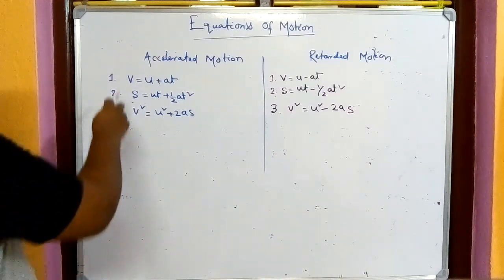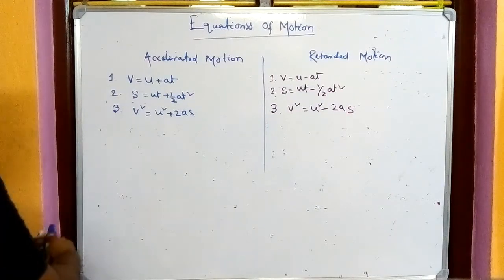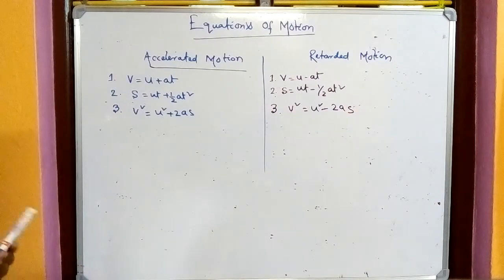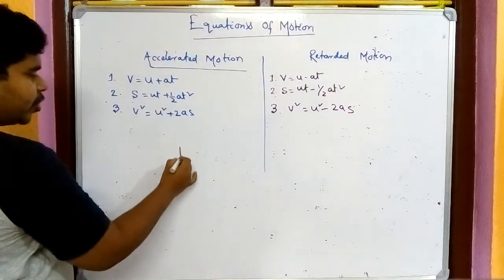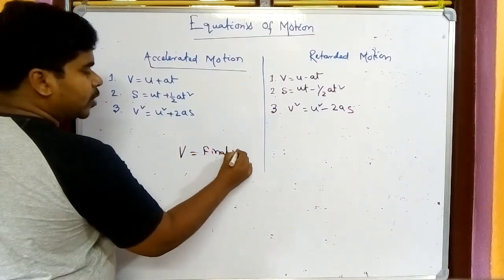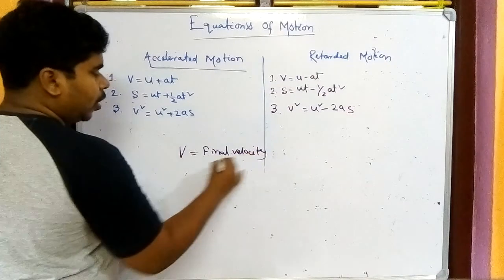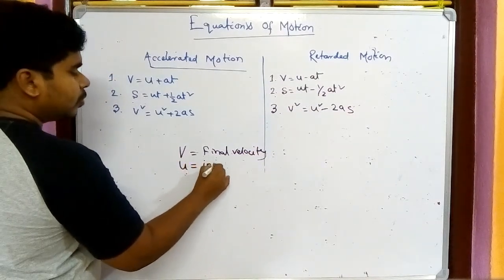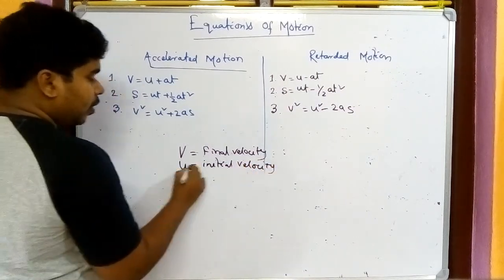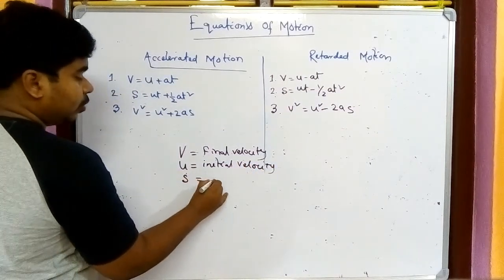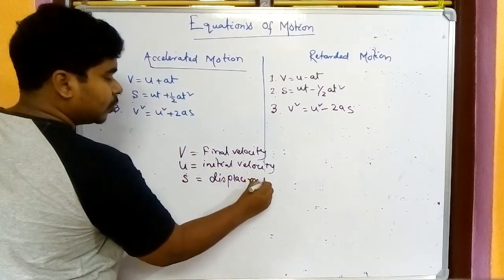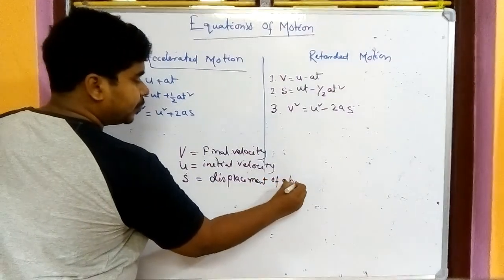See, the first equation is written in the part of accelerated motion, that is v equals u plus at. What is v? I am just mentioning the thing. v equals final velocity, u equals initial velocity, s equals displacement of a body.